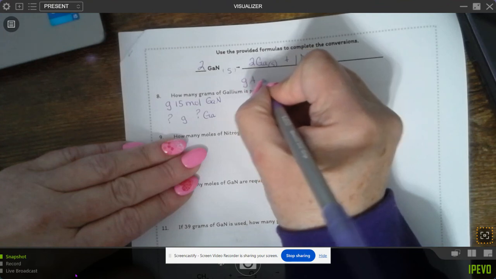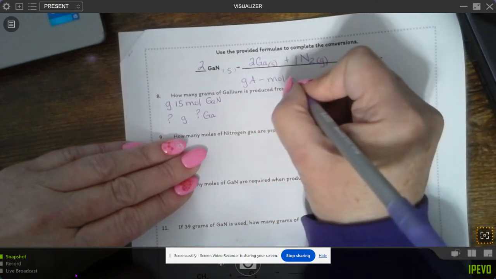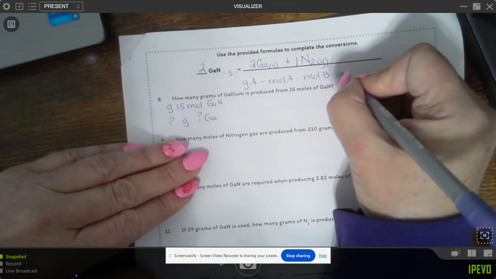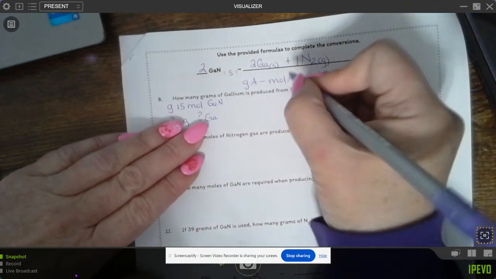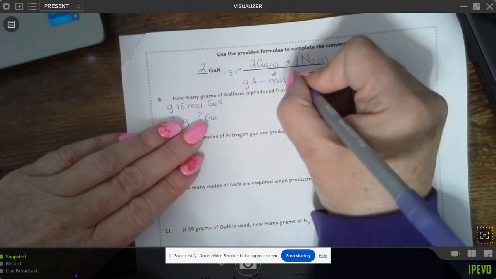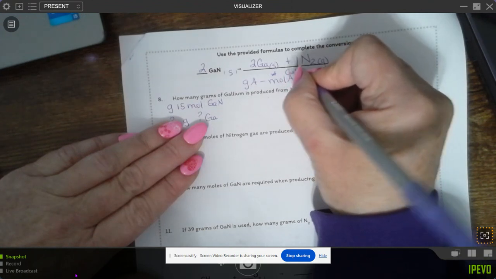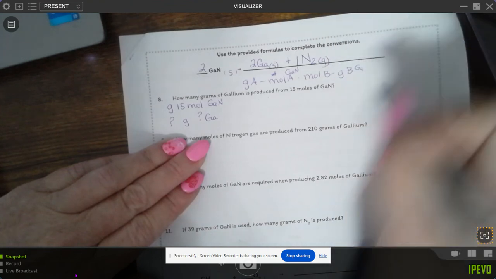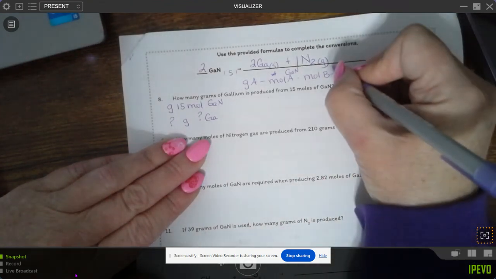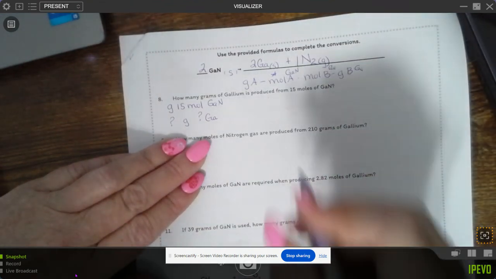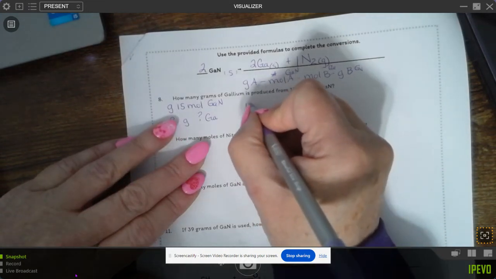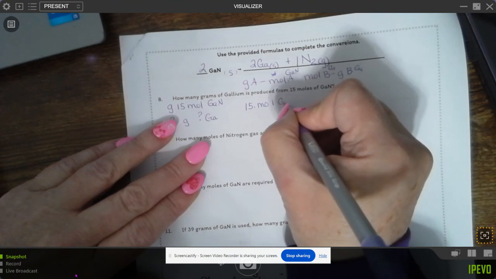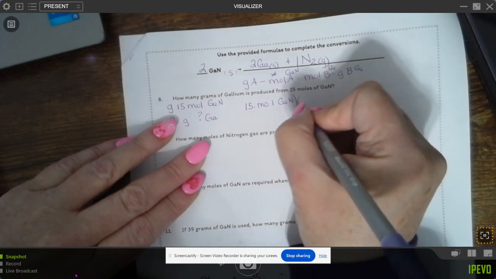Grams of A, moles of A, moles of B, grams of B. So if you look, we're starting with moles of gallium nitride, and we're finding grams of gallium. Okay, so B is gallium. So let's start this out. 15 moles of gallium nitride.